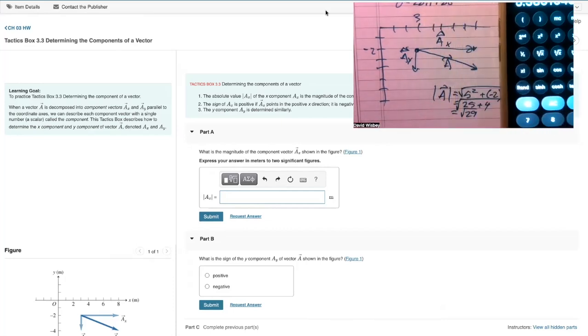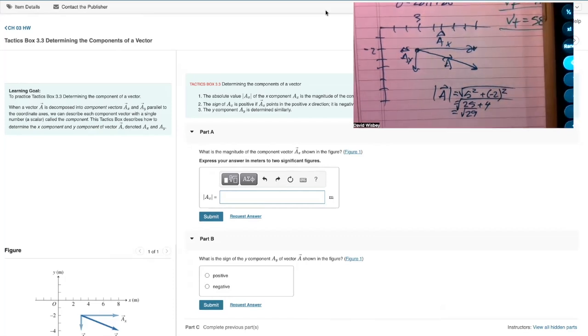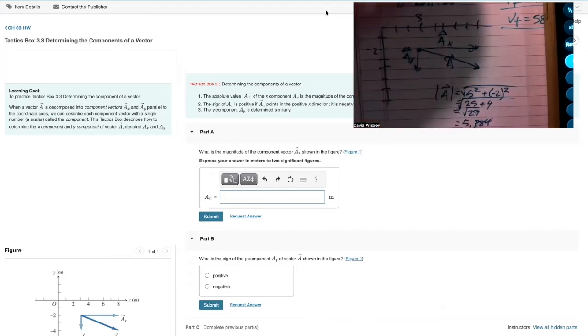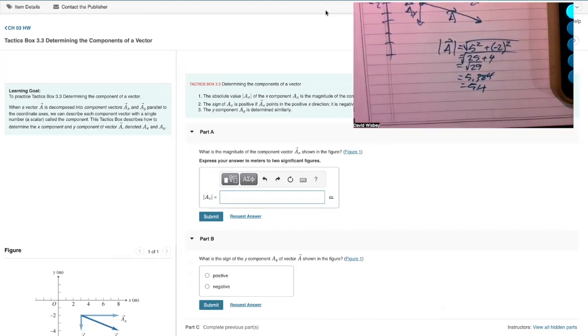So yeah, it's 5.385 or 5.4. Let's put that in there. So when I round it off, 5.4. And that's important because it does not start at the origin. All right, so let's put in our answer here, 5.4.